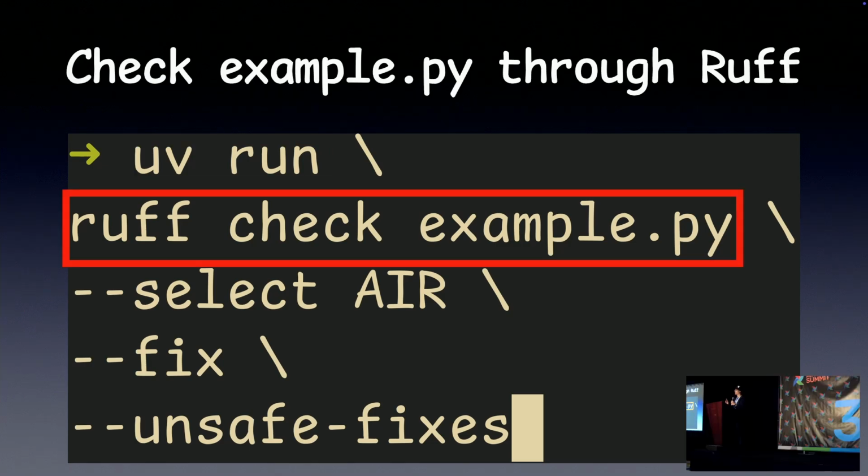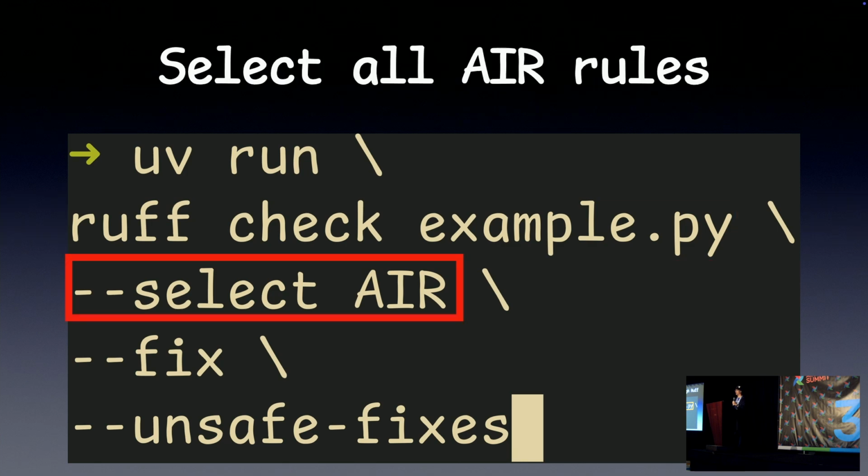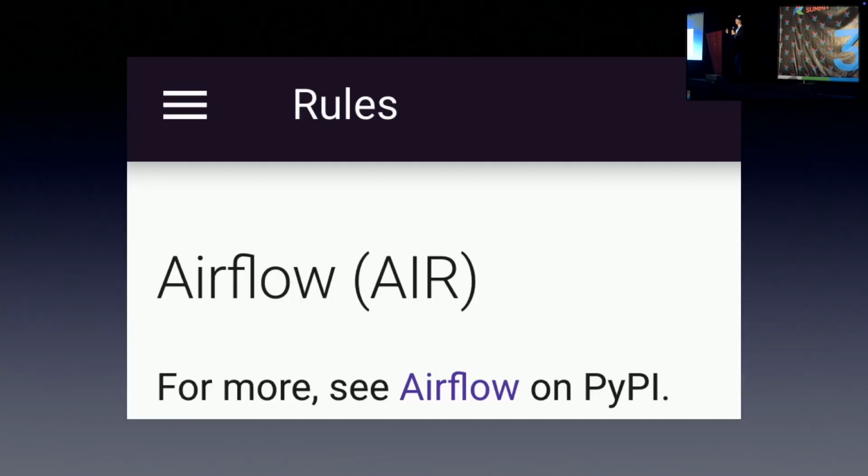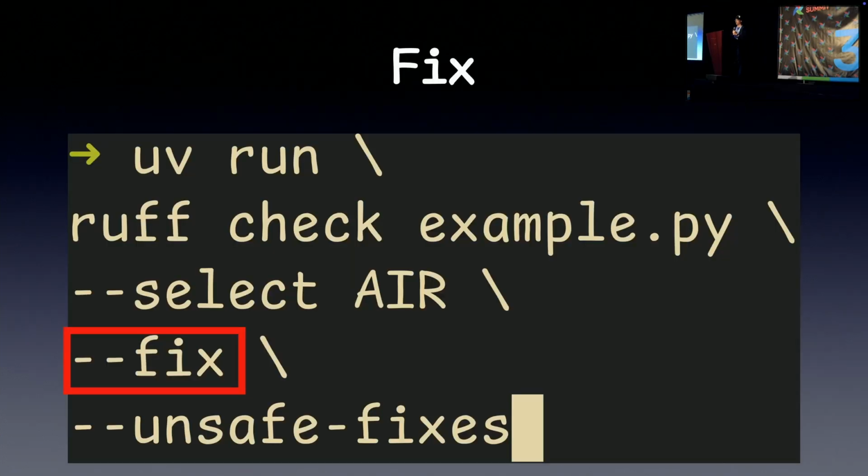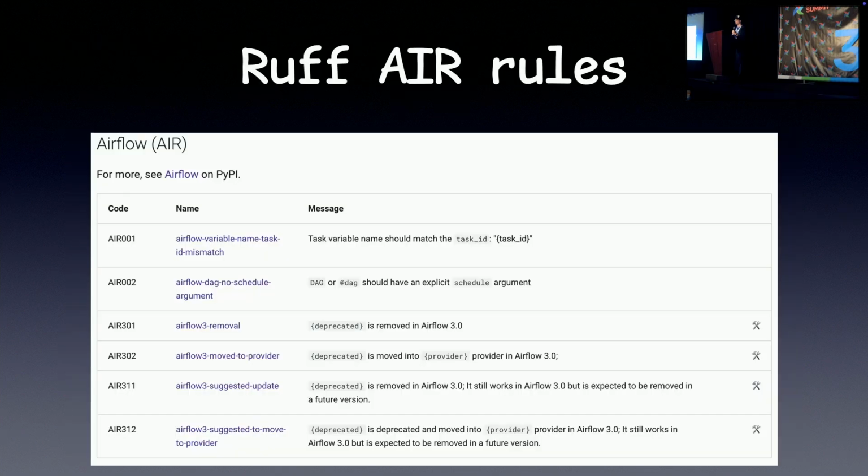And then we run ruff check to check whether there's anything wrong in example.py. The --select flag tells Ruff which rules we want to choose, and the ones that start with AIR are Airflow rules. And with the --fix flag, Ruff will try to fix the issue if there's a fixable solution for these rules.